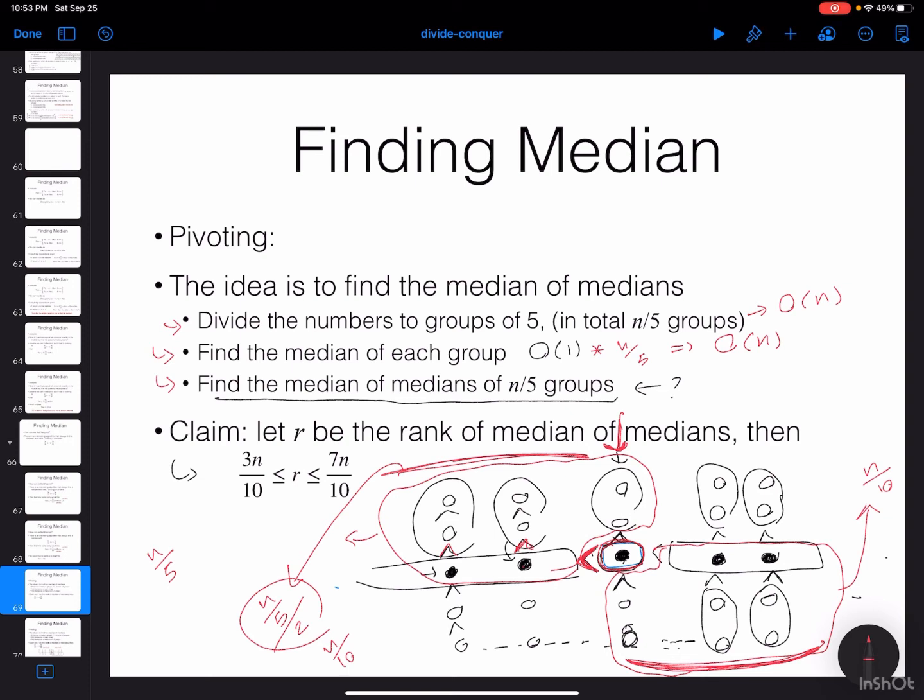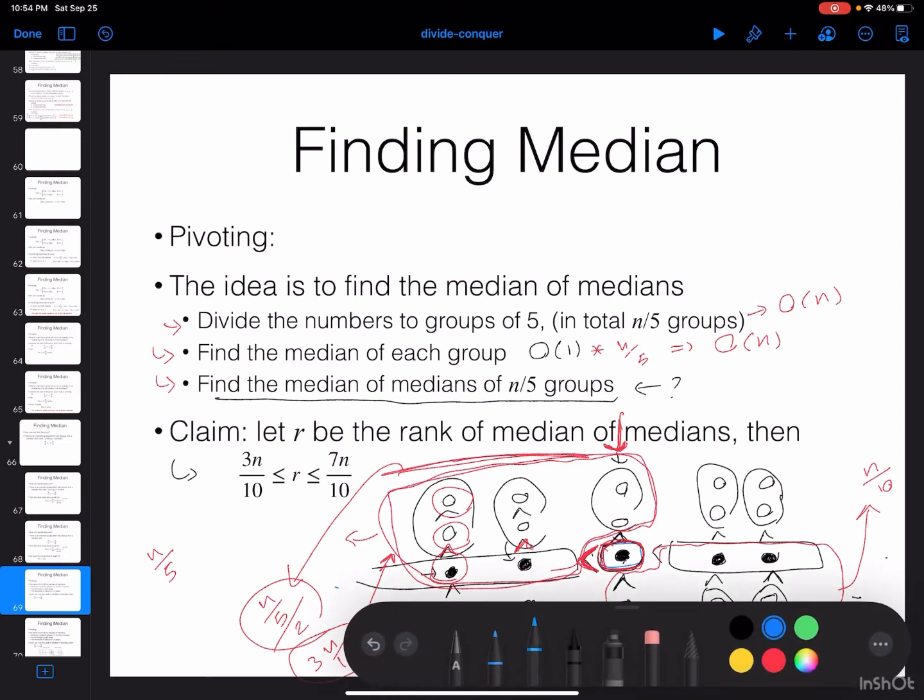In each of these groups, there are 3 items, 1, 2, 3, that I know are going to be smaller than the median of the medians. So 3 multiplied by n divided by 10 items are going to be in this box. Let's use a different color.